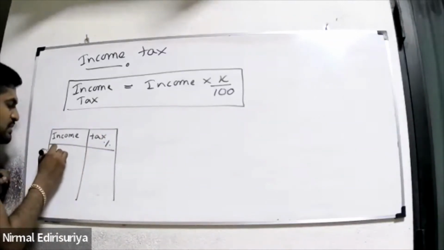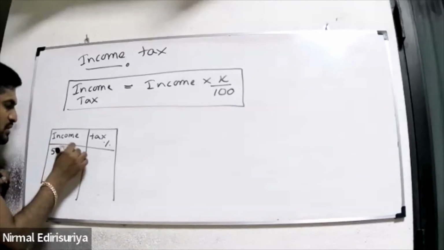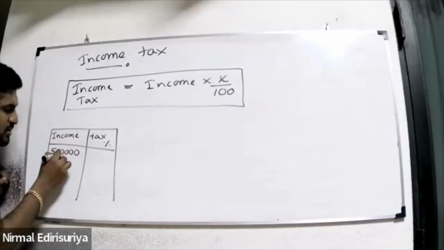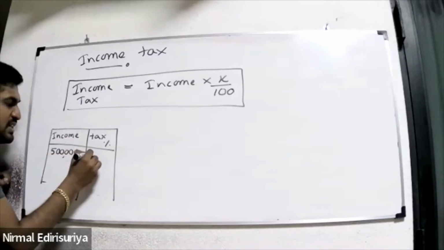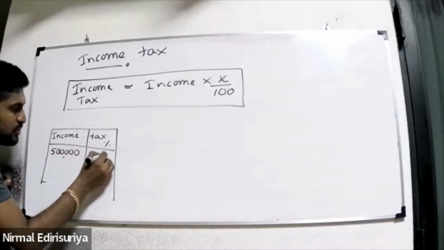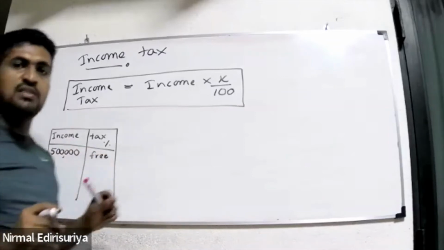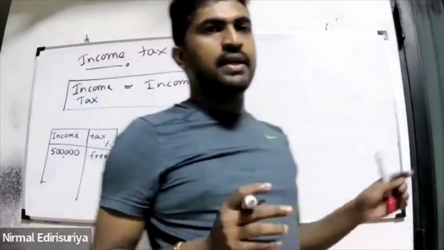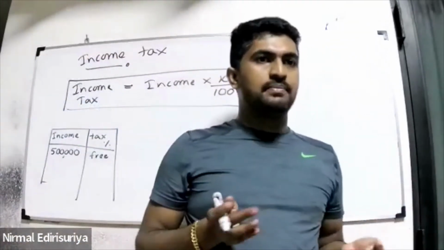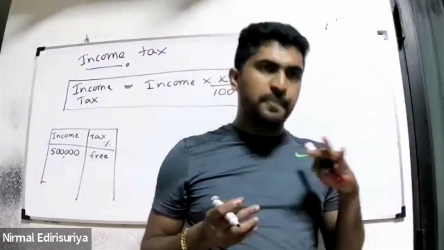If that income is first 500,000, tax percentage is 3. Again, low income families are not paying any tax.